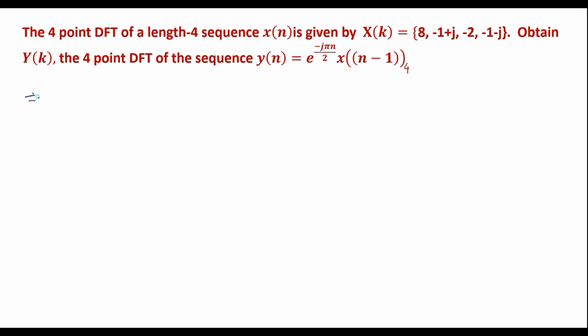Now we'll try to solve this problem using DFT properties. We know that the DFT of x of n minus m, modulo N, is given by W_N power mk X of k.